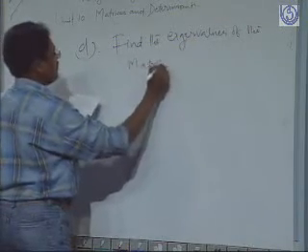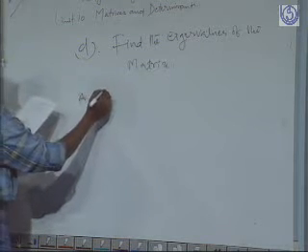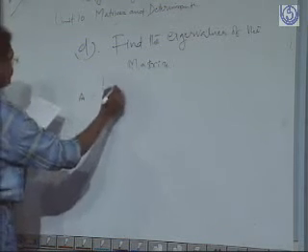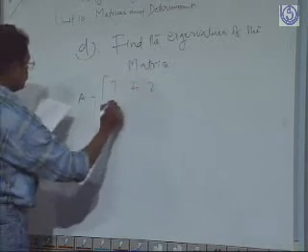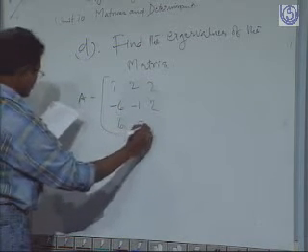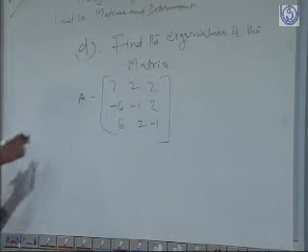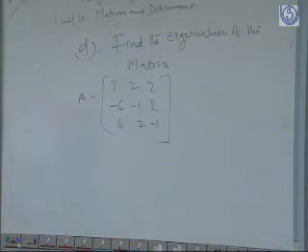Okay, the matrix is given: 7 2 2, minus 6 minus 1 2, 6 2 minus 1. So how will we find the eigenvalues?